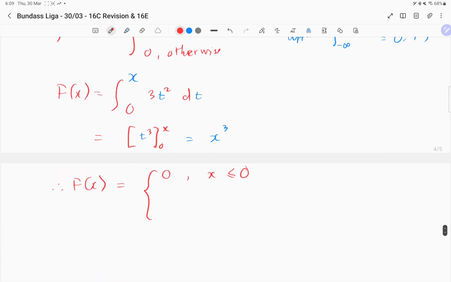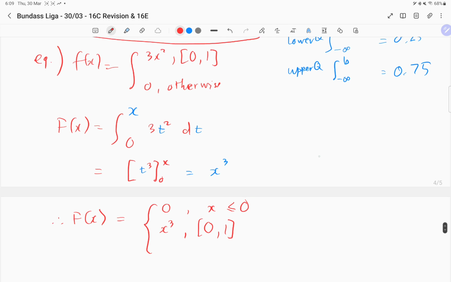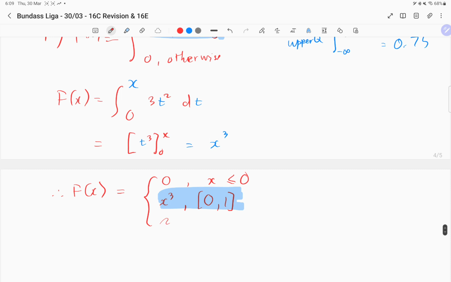Then it would be x cubed, the thing we just found, for x between the limits of the PDF, 0 and 1. See how this one corresponds to this one here. For x between 0 and 1, the area to the left of any of those values would just be x cubed. And the area equals 1 for x greater than 1.